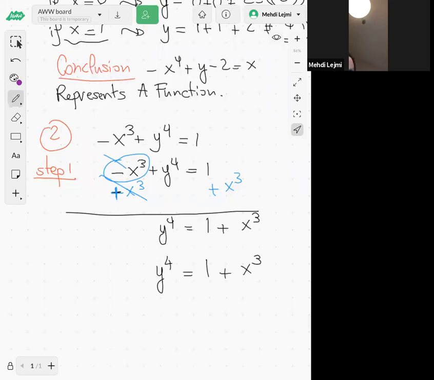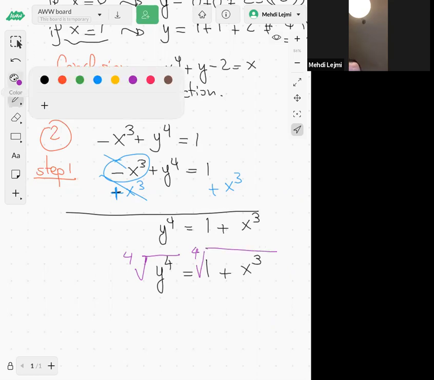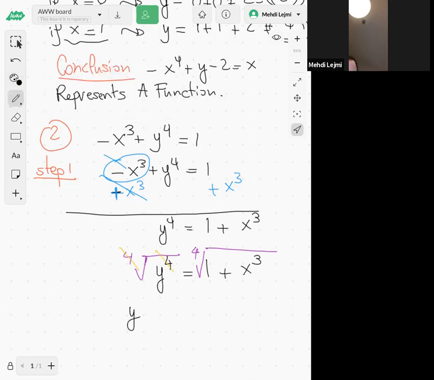Again, the trick is to apply the nth root. This is power 4, so it's going to be the 4th root, on both sides. Now I get rid of the power 4, and I have the exact expression of y in terms of x. So y is the 4th root of 1 plus x cubed.